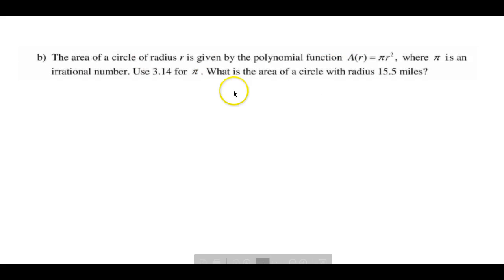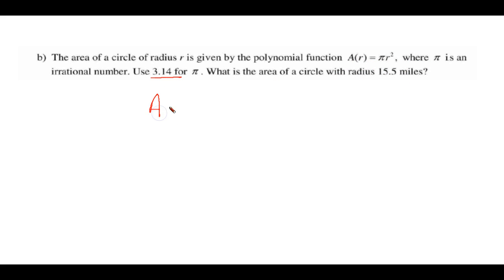Now, here again, we're going to do a little substitution where they're saying pi is 3.14, and they want to know what the area of a circle will be with this radius.